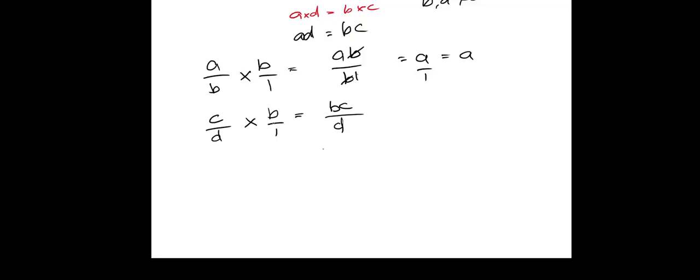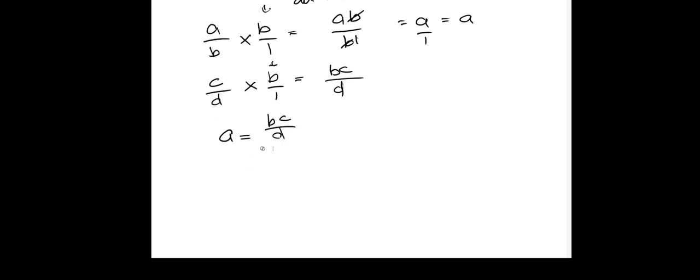So I've multiplied both sides by B over 1. Okay, and we get that on the right hand side, and we get that on the left hand side. So A must equal BC over D, and that's handy in and of itself. If we wanted to solve for A, we know what that's going to be now.